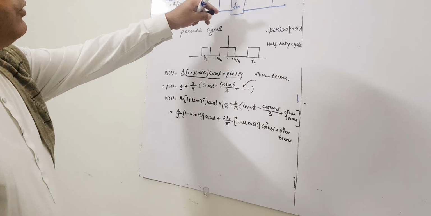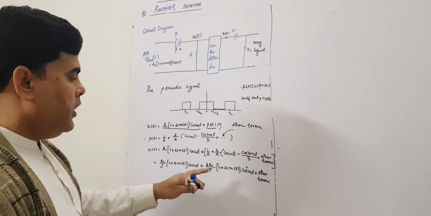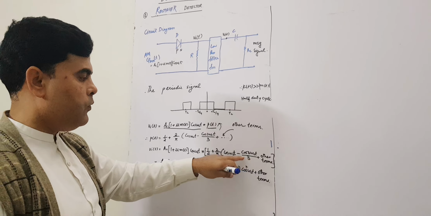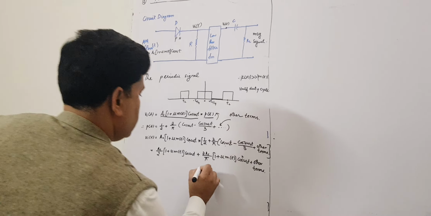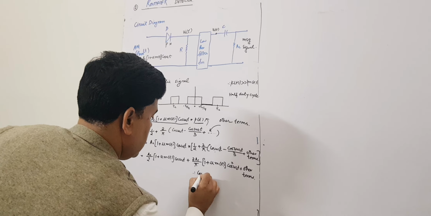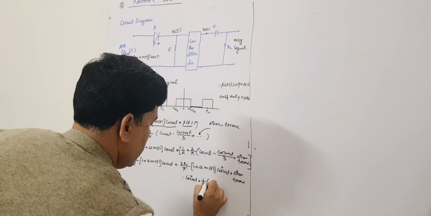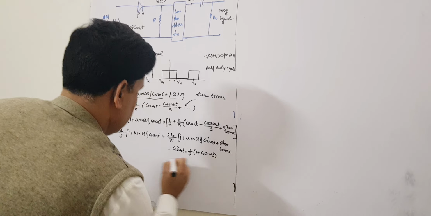We know that we are using a low pass filter whose center frequency is Fm. So we are not interested in the higher order terms, which have frequencies much bigger than that. And we know that cos square omega_c t is equal to (1 + cos 2 omega_c t)/2.